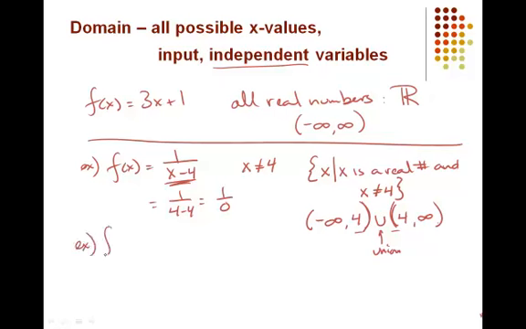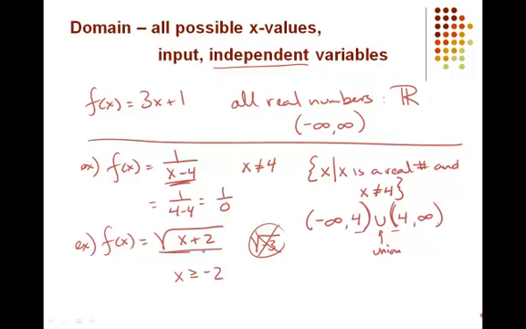Another time we have to watch out for domain is under a square root or any even root. So for example, the square root of x plus 2. We know that we cannot take the square root of a negative number, so the value under the square root cannot be negative. Therefore, for this function, my x values have to be greater than or equal to negative 2.